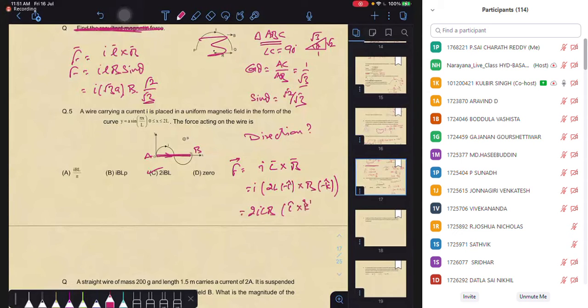Okay, i cross k, and what is i cross k? It's j. So force will be in your j direction. You can also find the force by the right hand thumb rule.